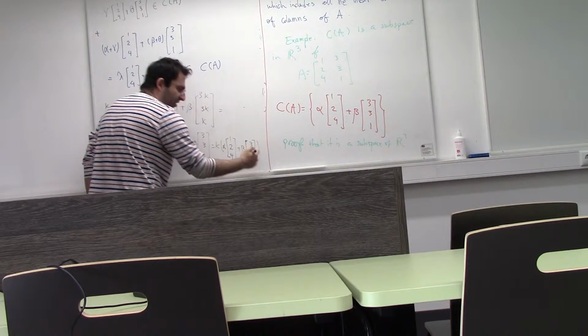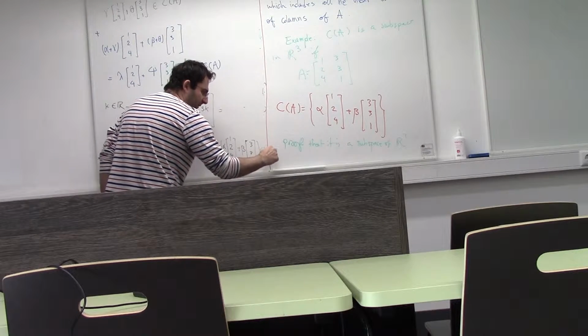Again, it's a linear combination of columns, which means this belongs to CA.